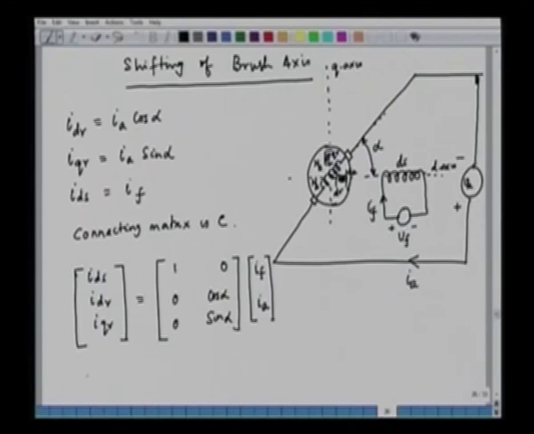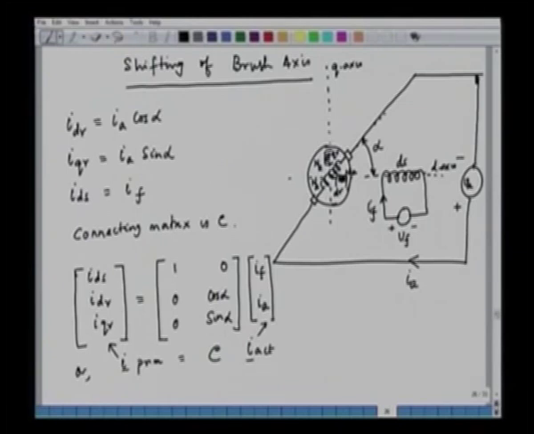We can write that I primitive is equal to C, the connecting matrix, into I actual. So, this is your I actual and this is the I primitive. So, this C has been determined. C is equal to 1 0, 0 cos alpha and 0 sin alpha.